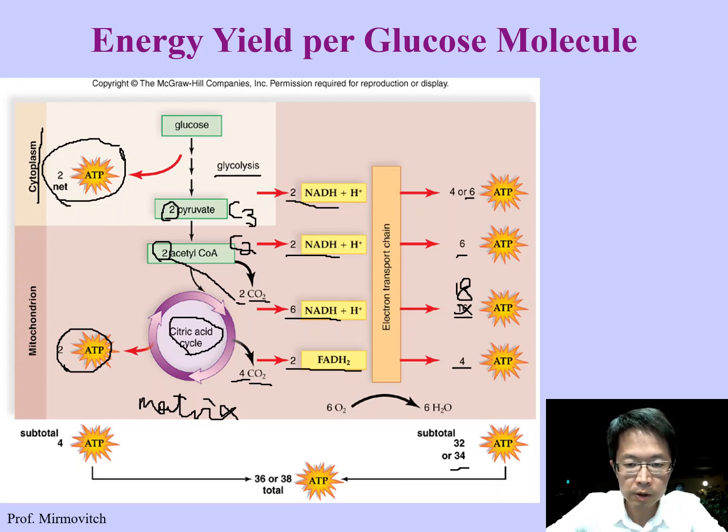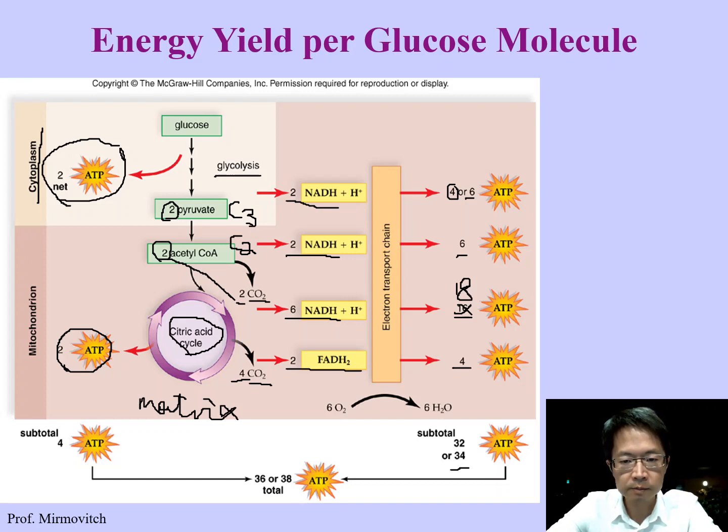So you may ask me, why is it 4 or 6? It really depends on which textbook you are using. Some textbooks say there are 2 types of NADH. One type of NADH is used only in glycolysis and will only give you 2 ATP, but the other type of NADH will give you 3 ATP.